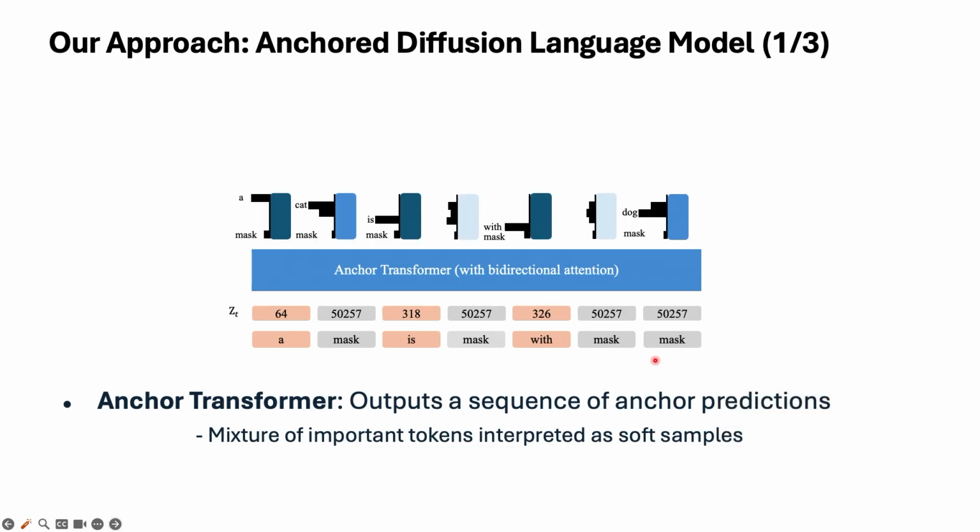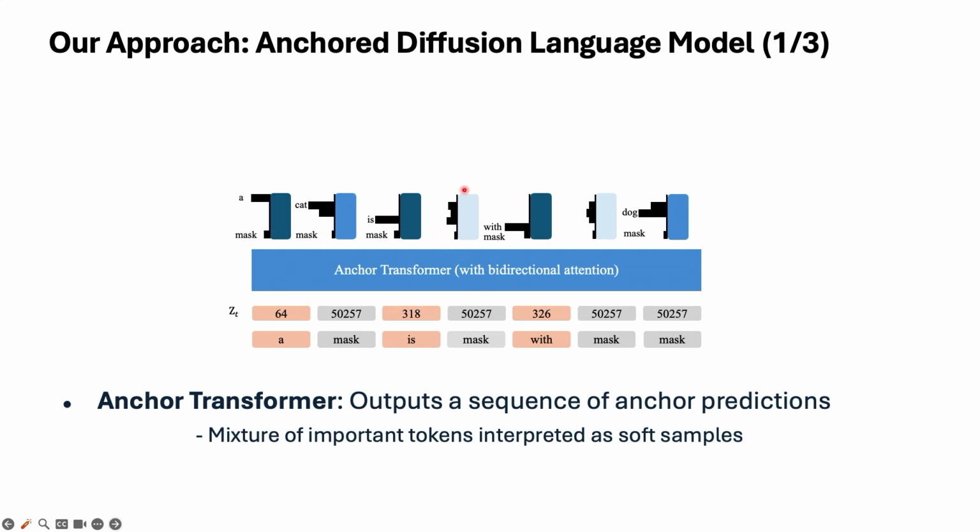What are these anchors? These are soft tokens, essentially distributions, where it thinks what is important. What is important is not necessarily only for that position, but for anywhere in this sequence. For example, in this case, the word cat seems to be high.